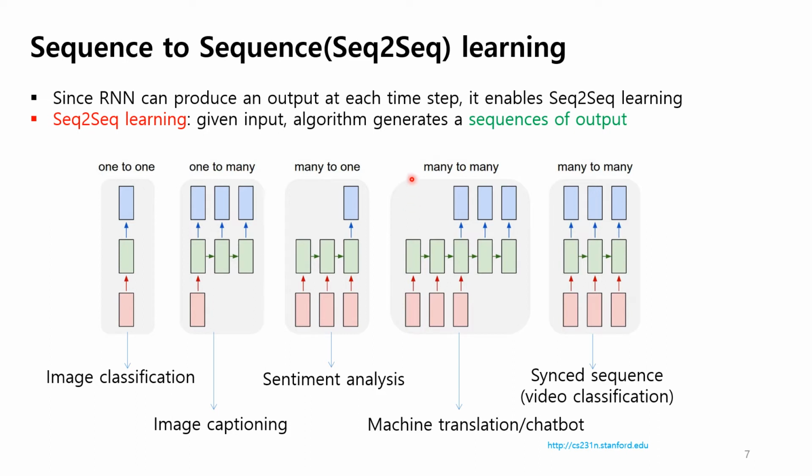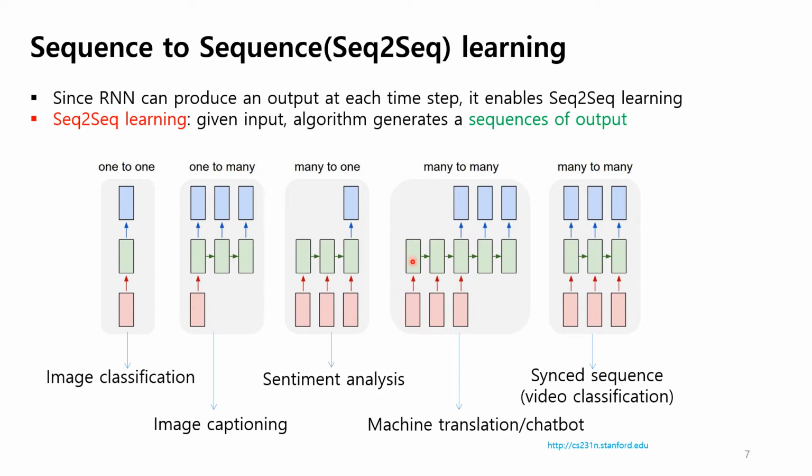This one is very popular, and the typical application is machine translation. Let's say you give an English sentence here, and the RNN just waits until it finishes reading the input sentence.